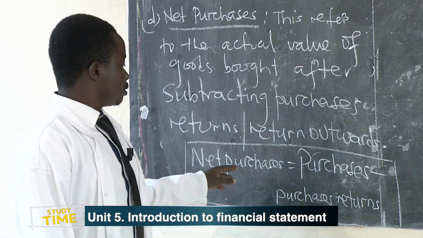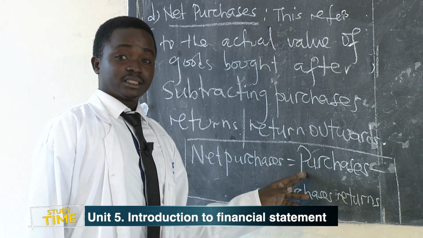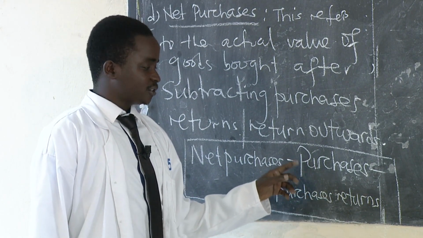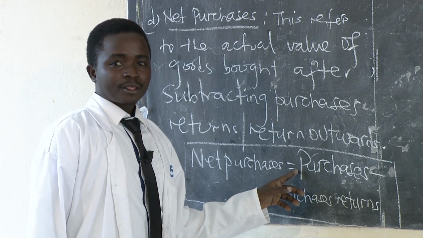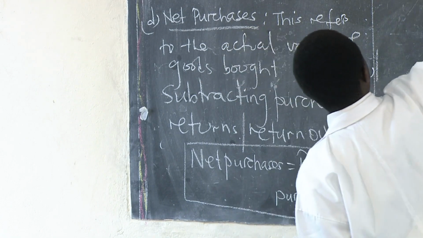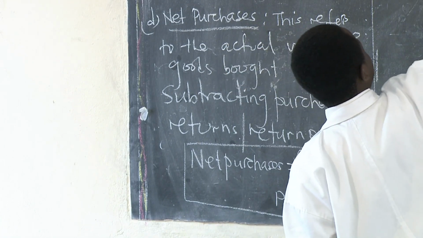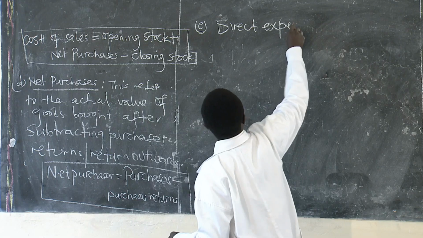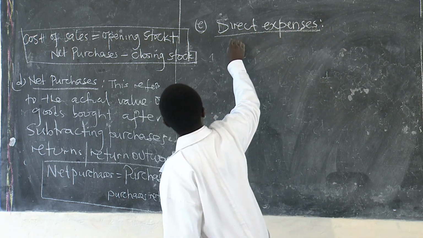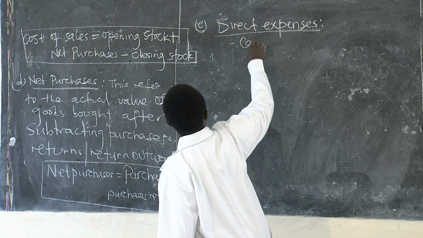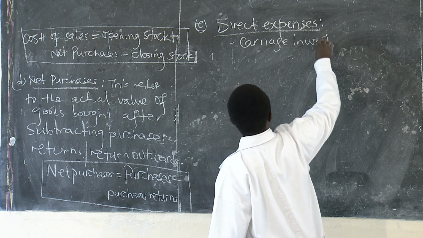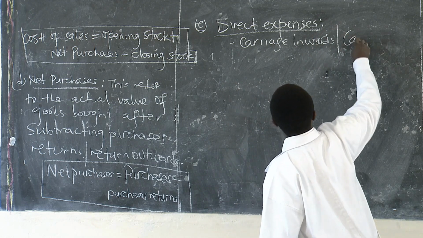So when it comes to purchases, there are some other direct expenses that are attached to purchases. What are these direct expenses? We have direct expenses which you add with purchases. These direct expenses, we have what you call carriage inwards, and carriage inwards is the same as carriage on purchases.